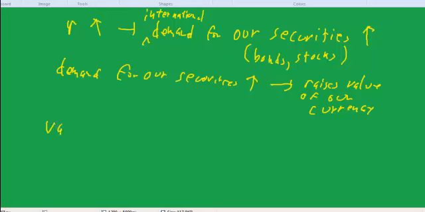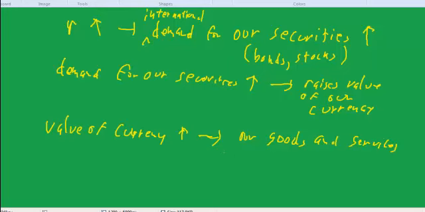When the value of our currency goes up, that means that our goods and services become more expensive in world markets, right?